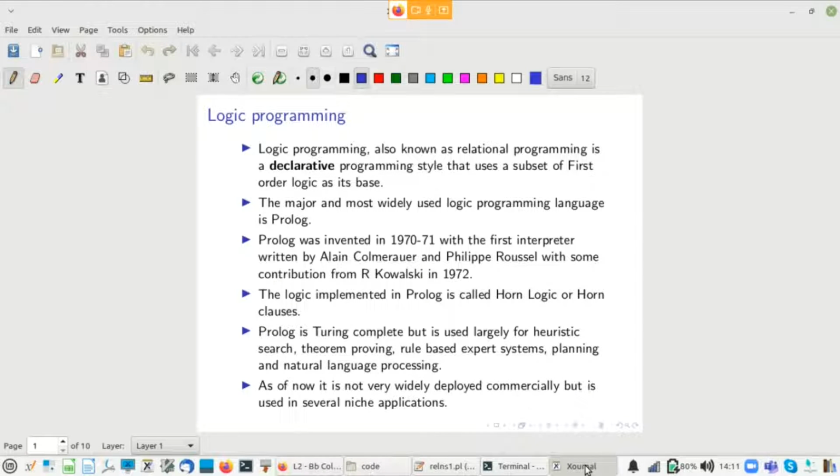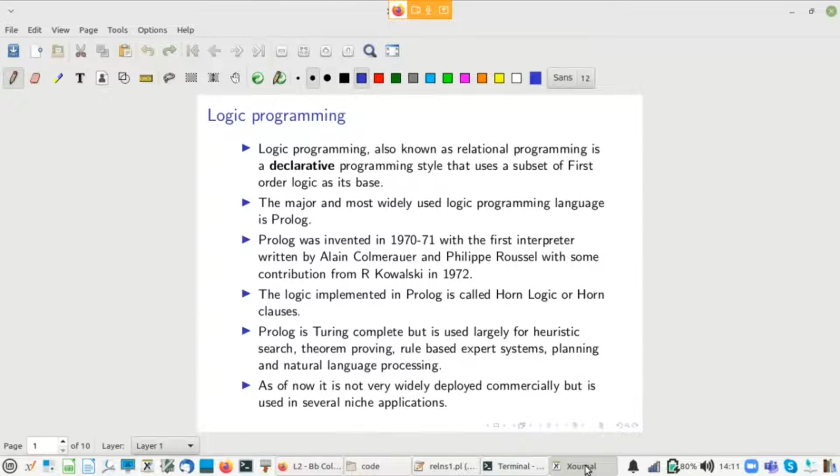In C, for example, you start with the main program and it executes a sequence of statements one after another, right? So there's a clear description of what is to be done. It will say start main program, execute first statement, then execute second statement, and so on. So it's a procedure, right?